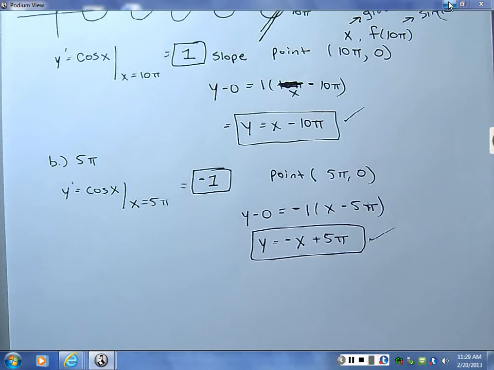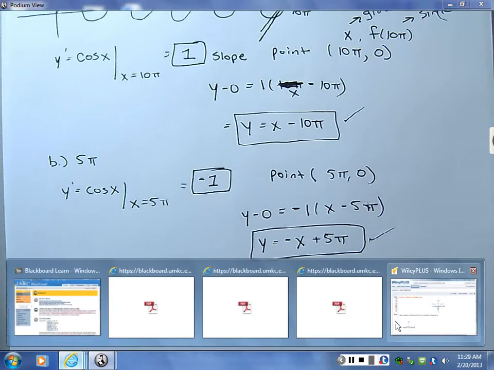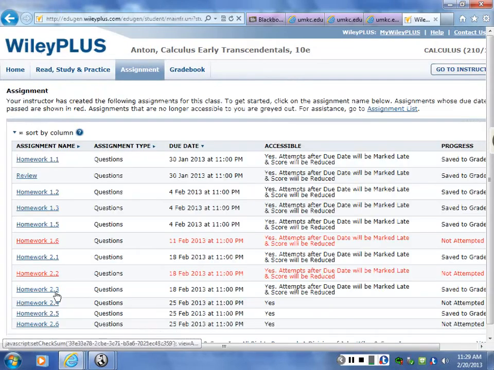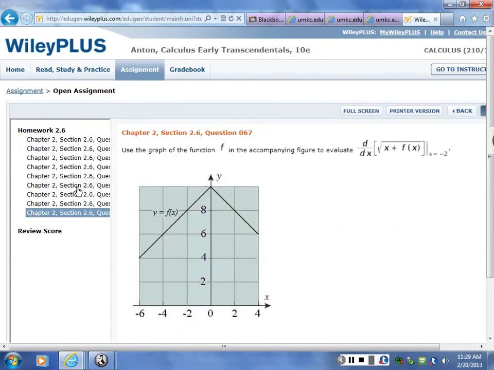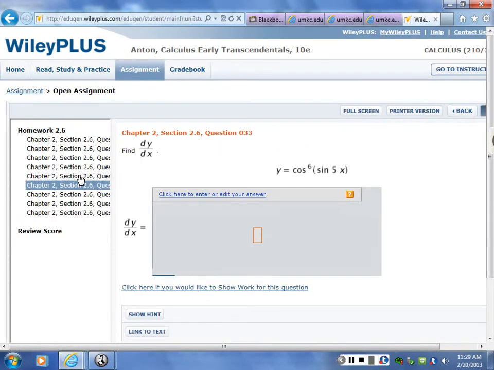Question? Could you do an example of a chain rule problem that has more than 2 layers? Yeah, so let's look at Wiley. Wiley has some good examples of chain rule problems that have more than 2 layers. This one really has 1, 2, 3, 4 layers. So let's do this problem.